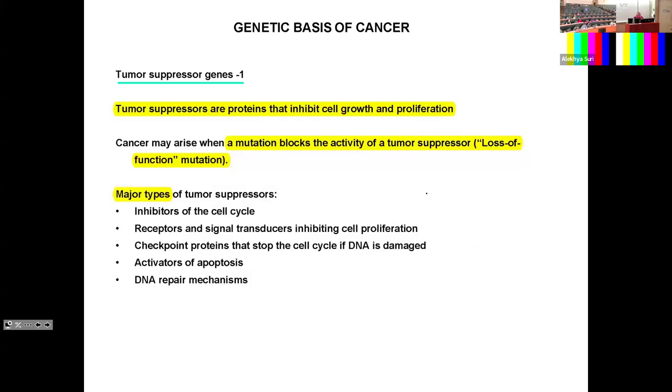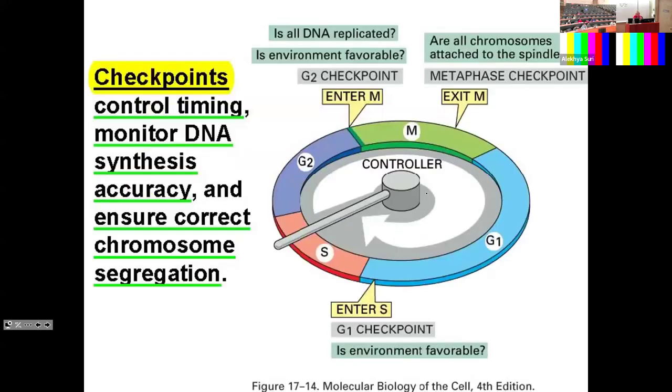The majority of tumor suppressors are inhibitors of the cell cycle, as we said recently: receptors or cell signal transducers that inhibit cell proliferation, checkpoint proteins that stop the cell cycle if the DNA is damaged, activators of apoptosis, and DNA repair mechanisms. So these are generally the tumor suppressors.